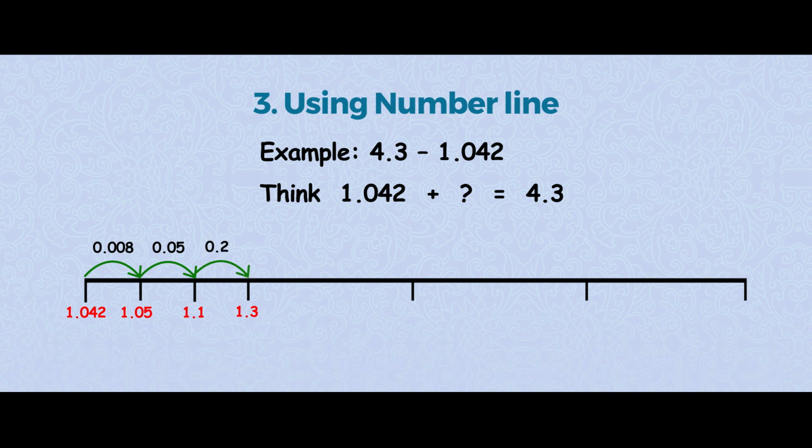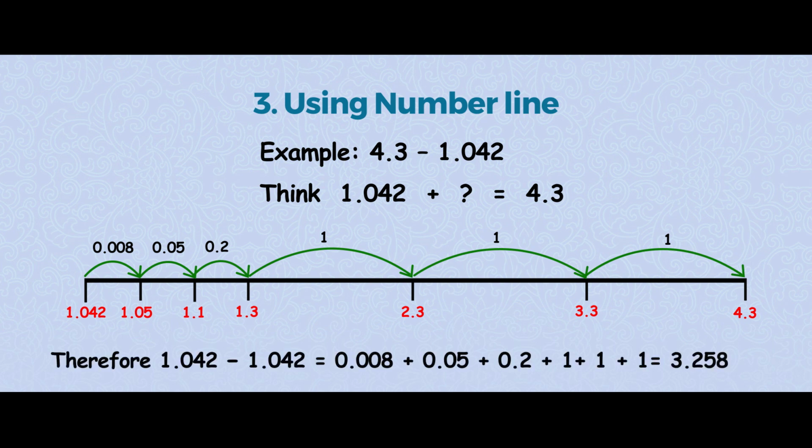Now you have reached a number which is very comfortable because you are to reach 4.3. So when you add 1 to 1.3, you'll get 2.3. Further, if you add again 1, you'll reach 3.3. And then when you add again the last one, you'll get 4.3. So what you have to do is add up the numbers that you have added so far.